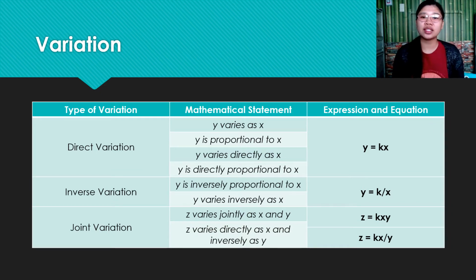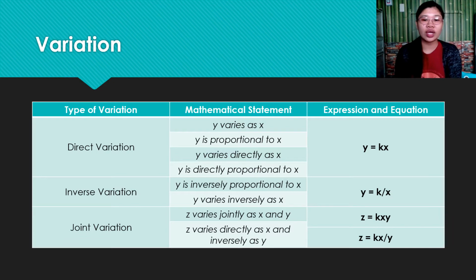You must be ready for the appearance of other variables also. If z varies jointly as x and y, our equation will be z equals xy multiplied again by our proportionality constant k.